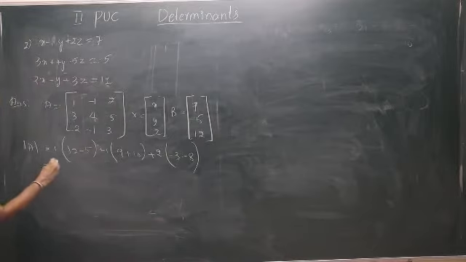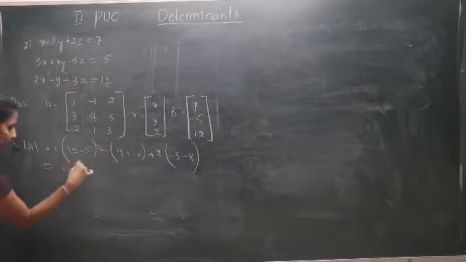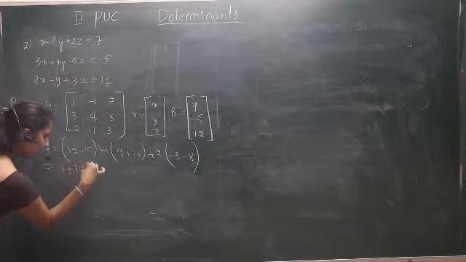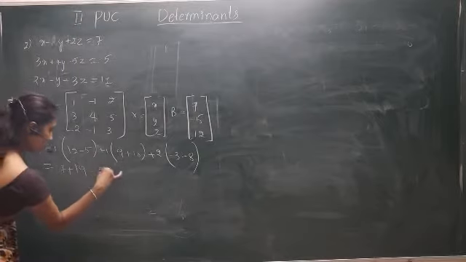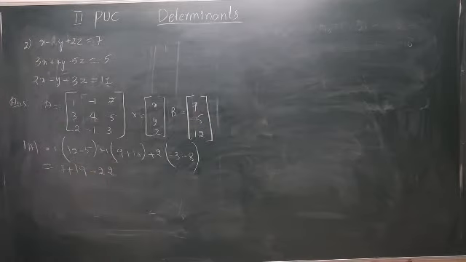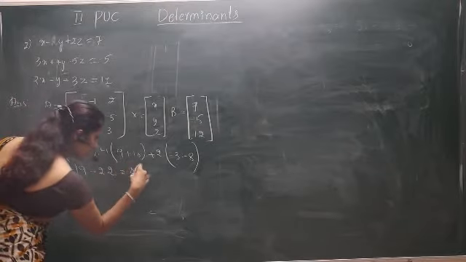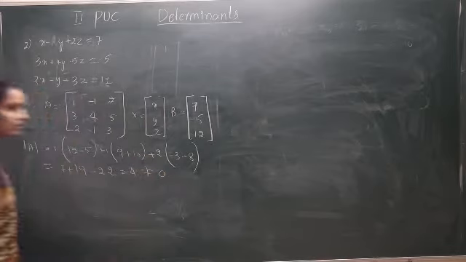So this will be equal to 12 minus 5 is 7, plus 19, minus 11 into 2 is minus 22, so 7 plus 19 minus 22 is 4. So this is not equal to 0.